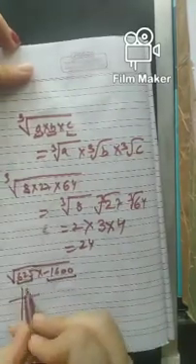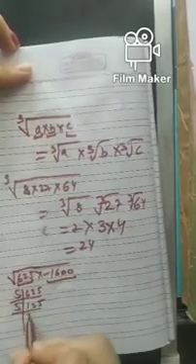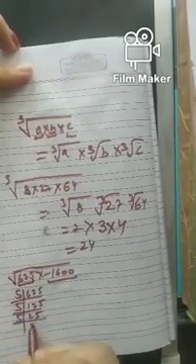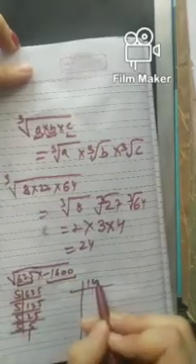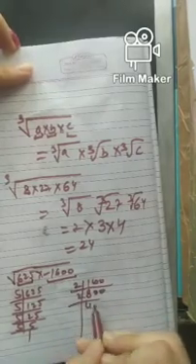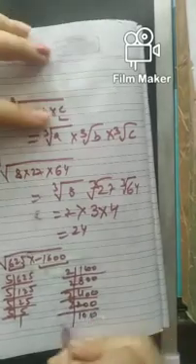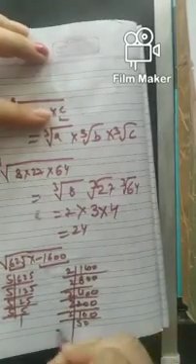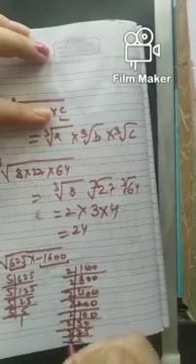So the factors of 625 you can form: 125, then 25, then 5 5s, 5 1s. The factors of 1600 also you can do. So this will be 800, then half, 400, then 200, then 100, then 50, then again 25, then 5 5s, 5 1s.